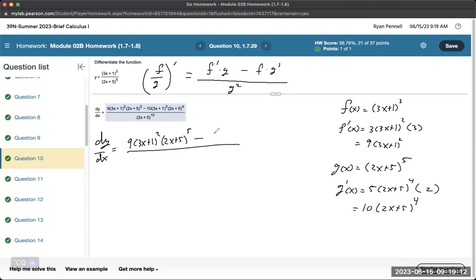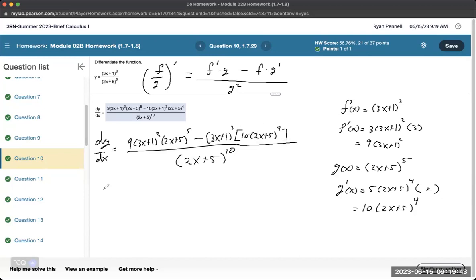Then we have the original f, which is 3x plus 1 cubed, times g prime, which we found to be 10, 2x plus 5 to the 4th. And then the original g squared, 2x plus 5, and it was to the 5th. We're going to square it, so now it's the 10th. All right, that's not so bad.